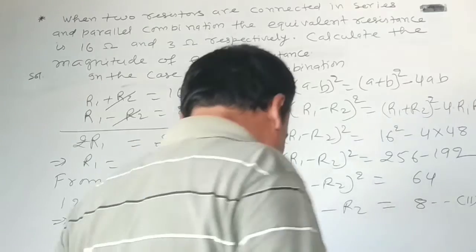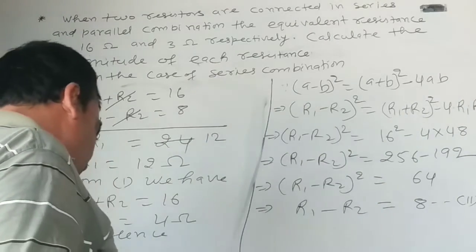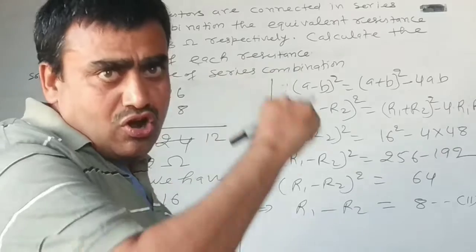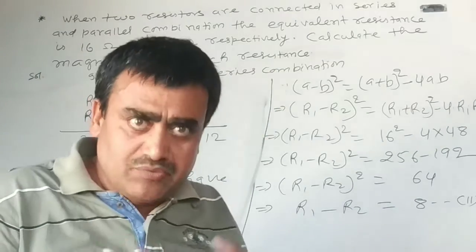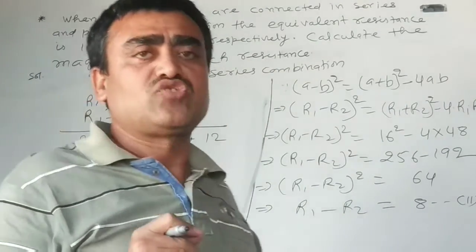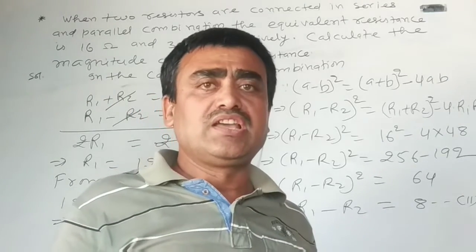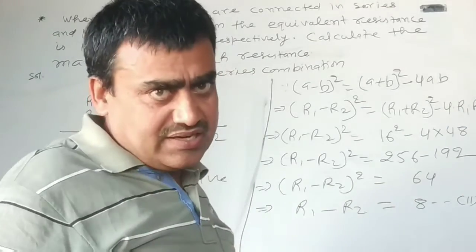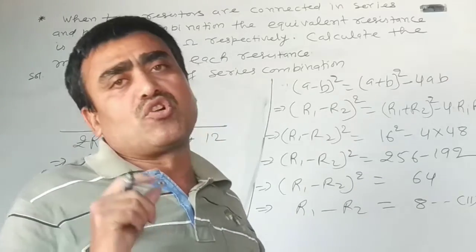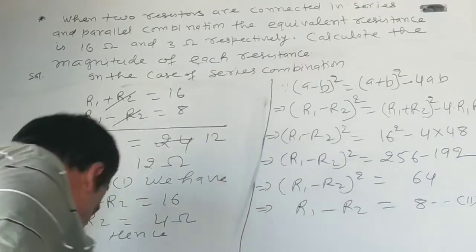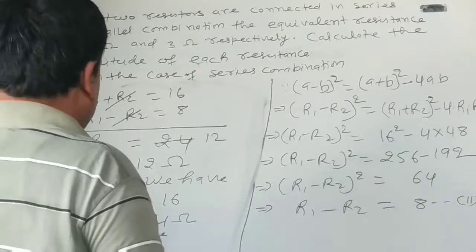Calculate potential difference across the resistor. Again we repeat, 100 joule heat are produced each second in a 4 ohm resistor. Calculate potential difference across the resistor. Okay?